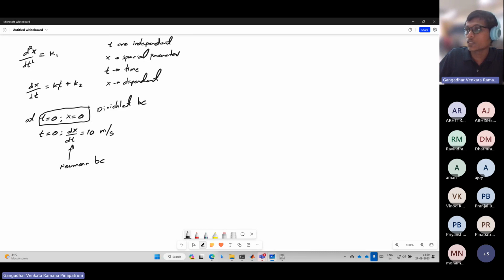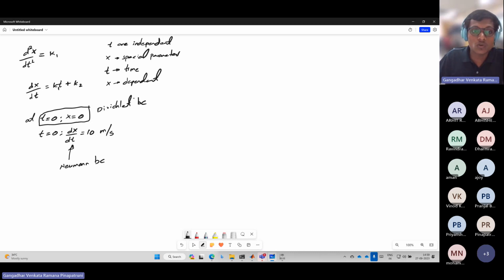Boundary conditions are nothing but BC. So we have two boundary conditions: at t equals to 0 second, displacement x equals to 0, and at t equals to 0, dx by dt equals to 10 meters per second. Okay, so this is fine.